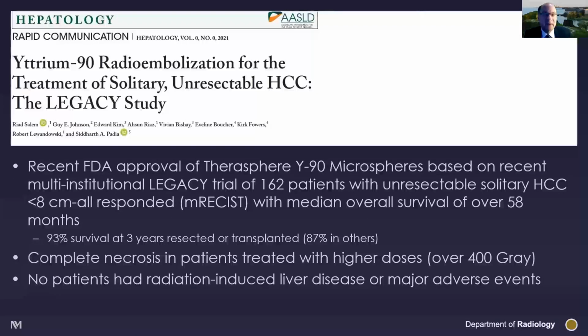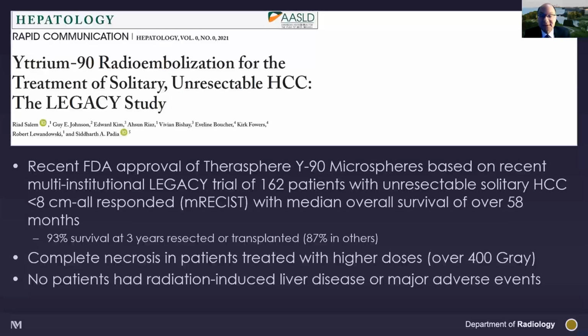This is the other paper that I was referring to. This is the LEGACY study, which allowed FDA approval, which was recent for radioembolization. It's based on a multi-institutional LEGACY trial of 162 patients with unresectable solitary HCCs, all less than 8 centimeters. They all responded with a mean survival of over 58 months, and 93% survived at 3 years or were transplanted, 87% in the others.